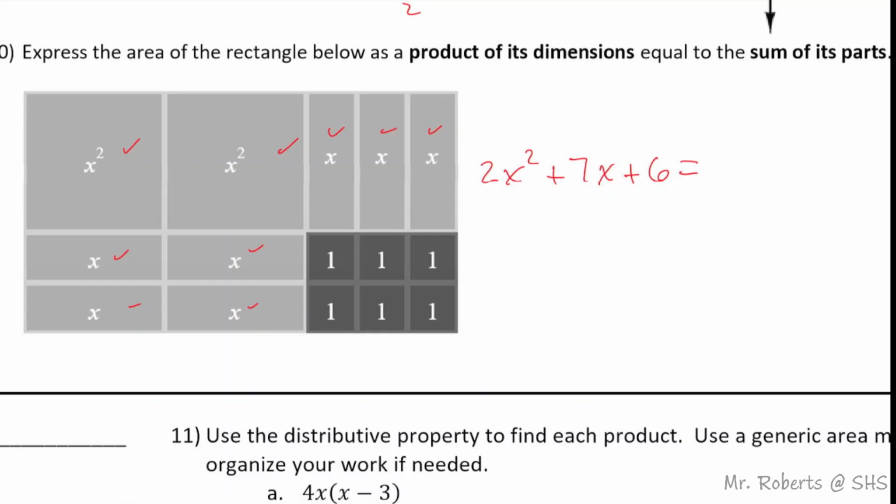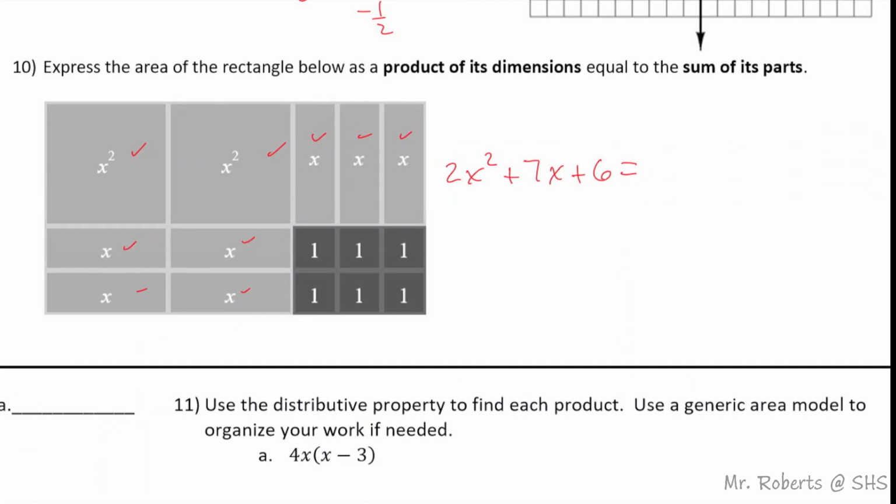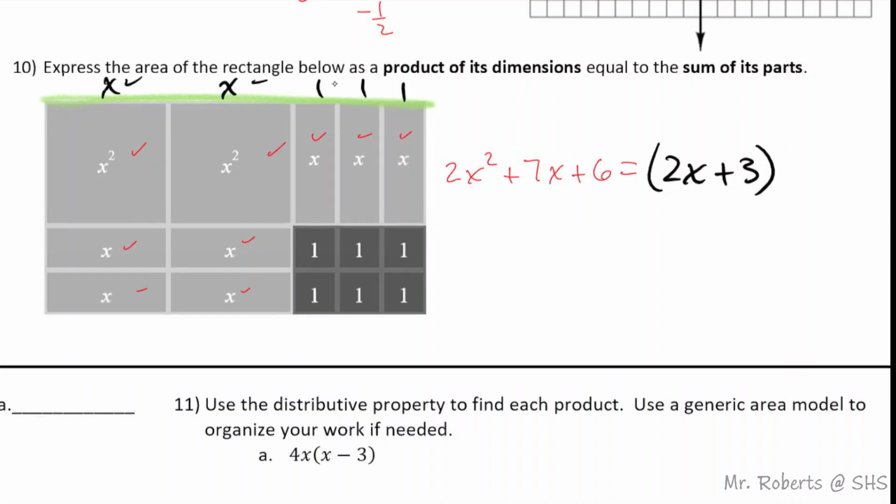Now, product of the dimensions. This top dimension is x units long, and this is x units long, and each of these are 1 unit long. So if I look at that dimension I marked with green, that is 2x plus 3. 2 x's, plus 3.